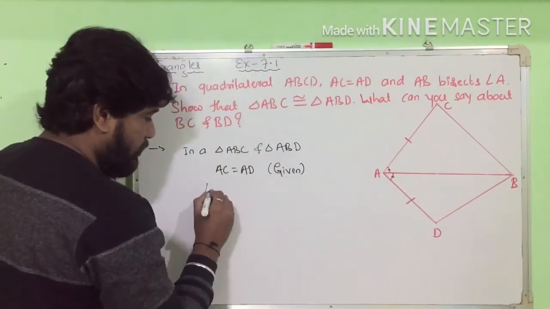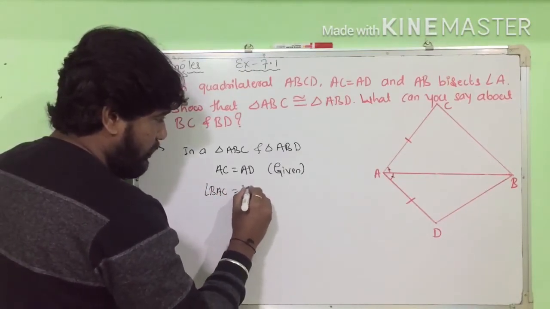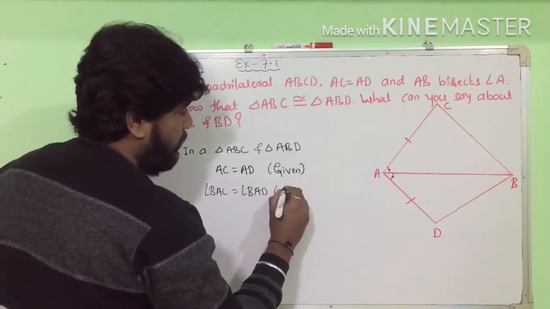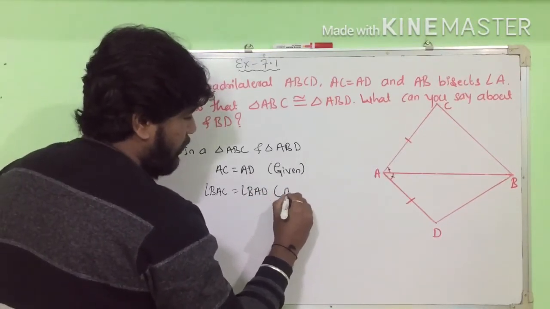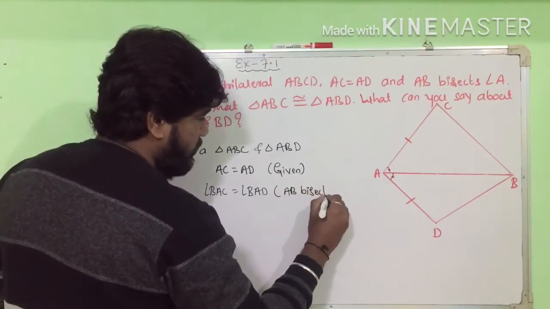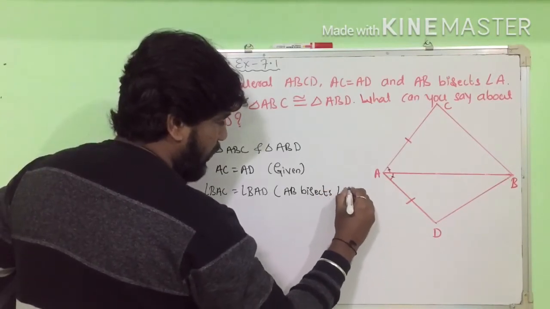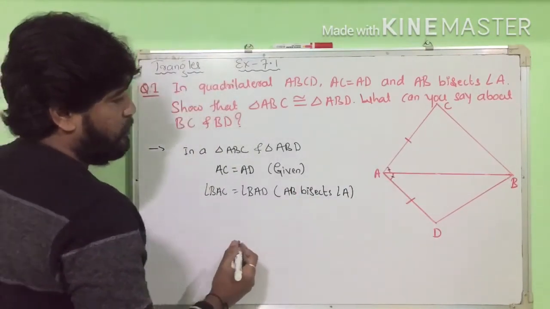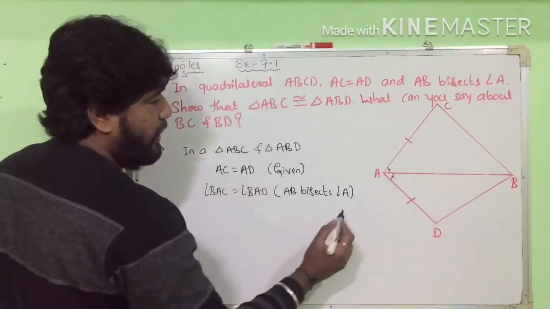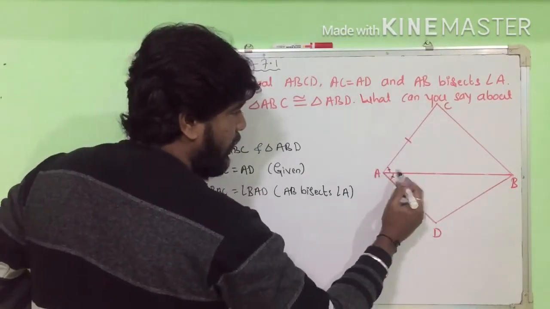So angle BAC is equal to angle BAD. Here we can write AB bisects angle A. And next one, see here, AB is common to both triangles, triangle ABC and triangle ABD.